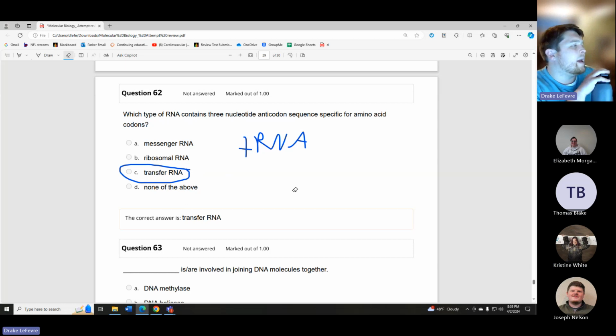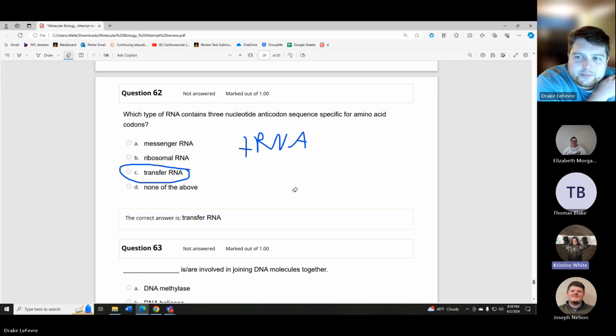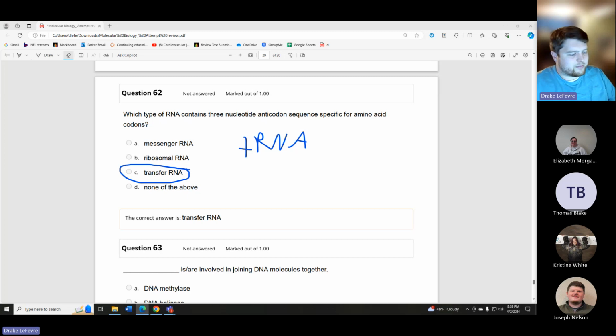When tRNA has the amino acid attached to it, what's the full name of that? Aminoacyl tRNA. Yeah, good job. What's the name of the enzyme responsible for binding that amino acid? The isomerase one. I don't remember the beginning of that.